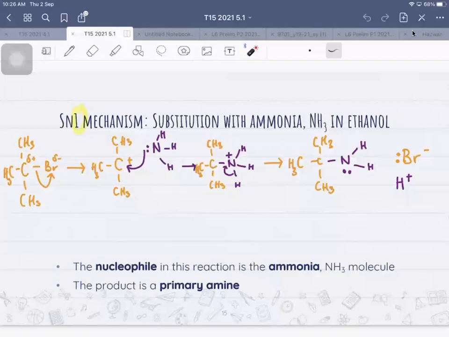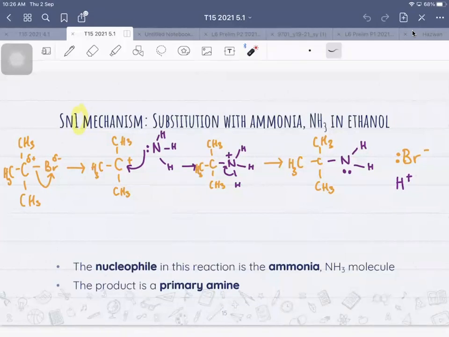Okay, Bismillahirrahmanirrahim. Just to recall what we did yesterday, we looked at the substitution reaction of halogenoalkanes with cyanide ions and with ammonia. The one with the cyanide ions is pretty standard because it's similar to the reaction with hydroxide ions. With ammonia, however, it's a little different because ammonia is a neutral nucleophile.